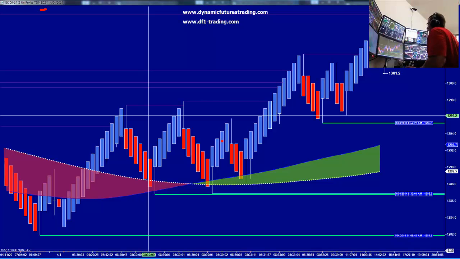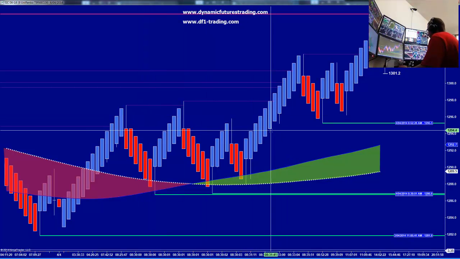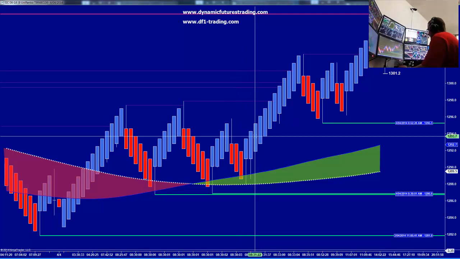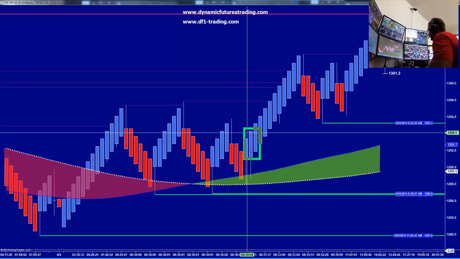Now, the open offset basically means this candle here closes at 12,943. This is on gold. Now, what happens is the next candle actually opens 24 ticks down, as we've set it to 24.